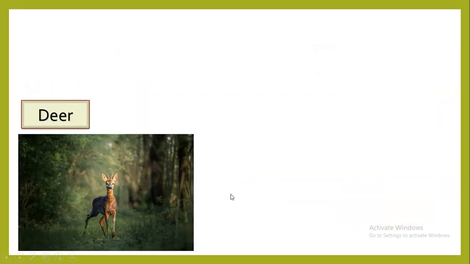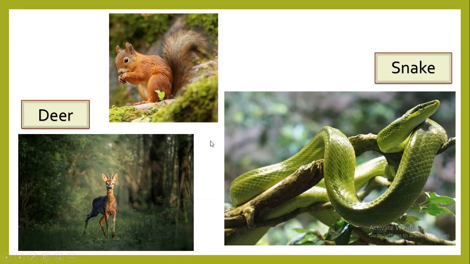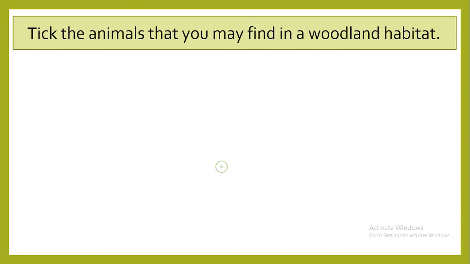A deer. This is a snake. And this is a squirrel. So all these are woodland animals. They live in woodland habitat.